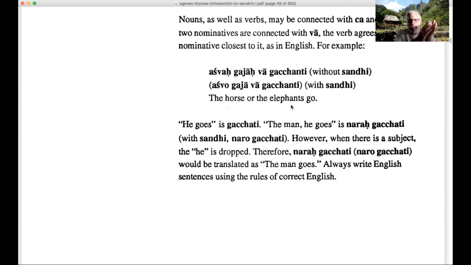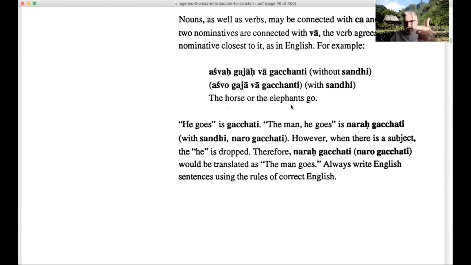If there's a singular subject noun, then there has to be a singular verb. If there's a dual subject noun, there has to be a dual verb. If there's a plural subject noun, there has to be a plural verb. So in this case, the subjects are one horse and many elephants.